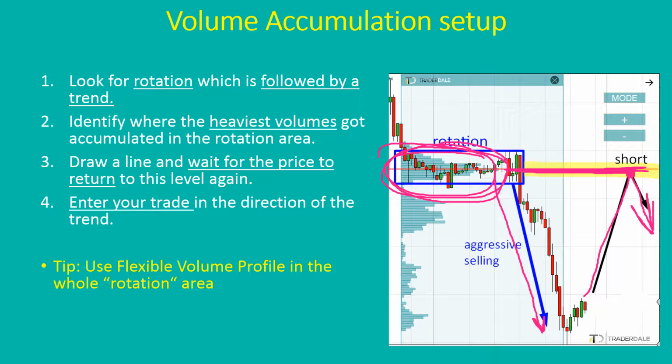The second factor is the buyers who are pushing the price upwards in this area. Those guys see this rotation, they see the volumes accumulated in the rotation, and they know that this is a strong resistance. So instead of going against the resistance, they get rid of their positions because they don't really want to risk going against those strong sellers.